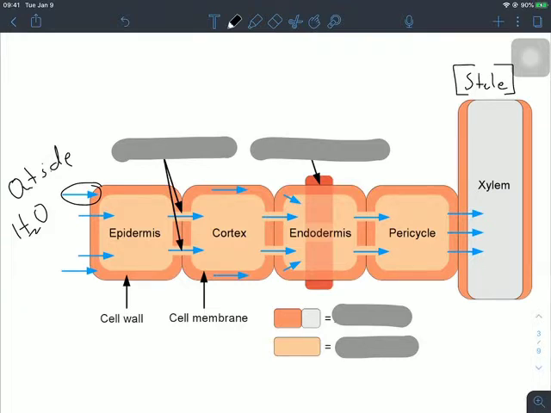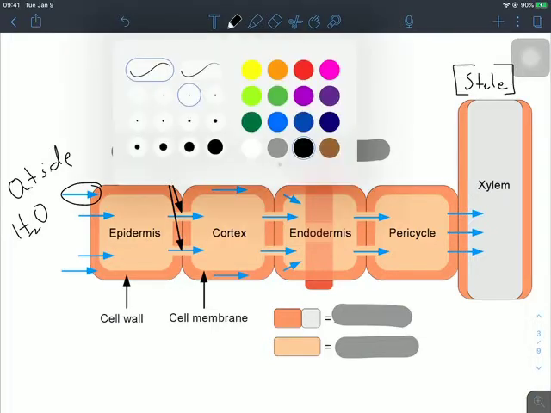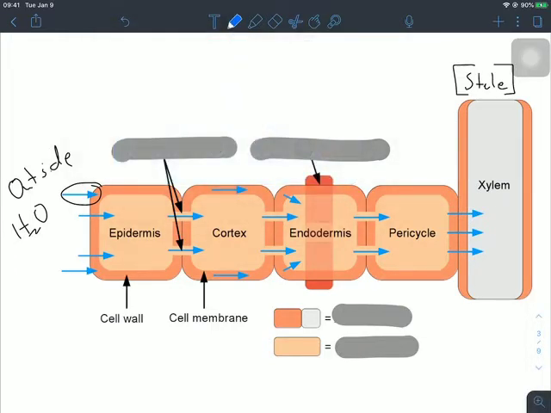Now, when water is first entering in the epidermis, you can see that it will be transported apoplastically when possible. Water is moving through the cell walls as the roads are available, but then there's a structure in the endodermis, a very particular thing called a Casparian strip that is now going to provide a roadblock.